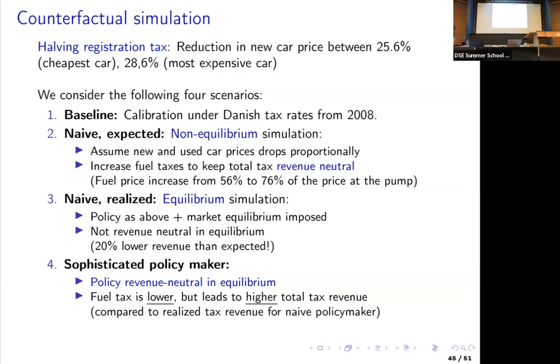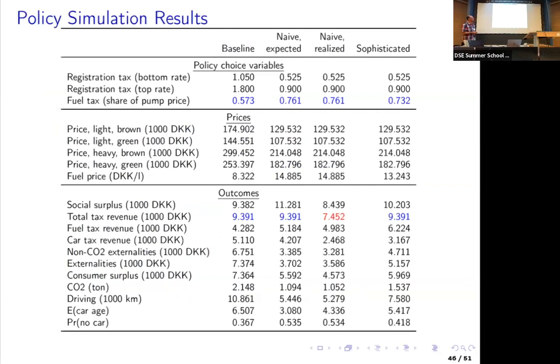Then we can calculate the realized equilibrium out of this policy change, and then construct the sophisticated policy which takes into account the reactions from the secondary market. There's a big table of numbers, which is discussed in the paper really well. But as you would expect, the naive policy has a tax revenue goal, but it goes a lot lower on tax revenue in the realized naive policy change.